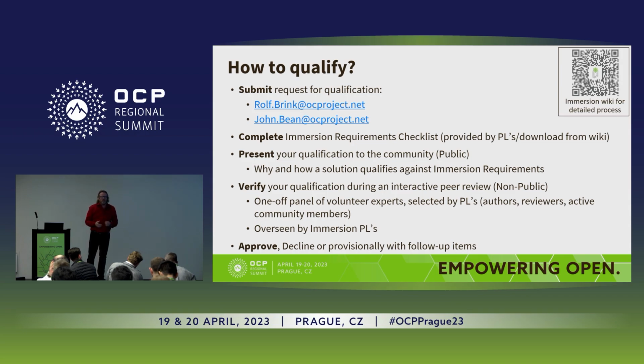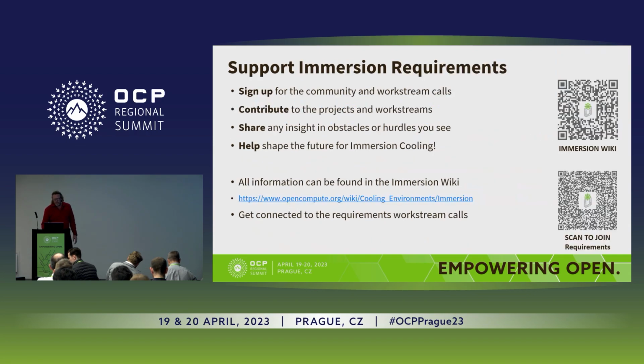Are there any improvements that need to be made? And out of that comes an approval, a decline, a rejection, or a provisional approval with a couple of follow-up items that you might need to look at before achieving your logo, right? So it is accessible for everyone, and it's also community-driven. It's by peer review. It's a community effort again.